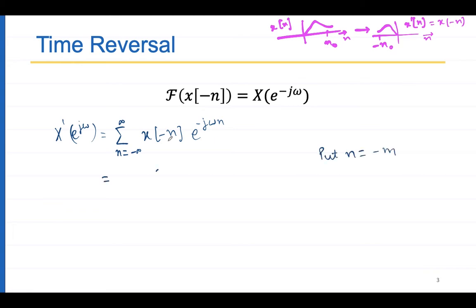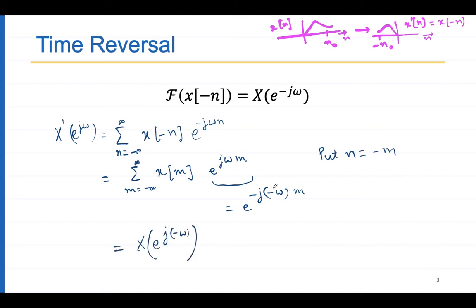What does that give us? So my x of m is basically obtained here, and here something different. To go back to my Fourier form, I need a negative sign here. So I can write it as minus j of minus omega m. So this is equal to X(e^j(-ω)), which means X(e^(-jω)), right?